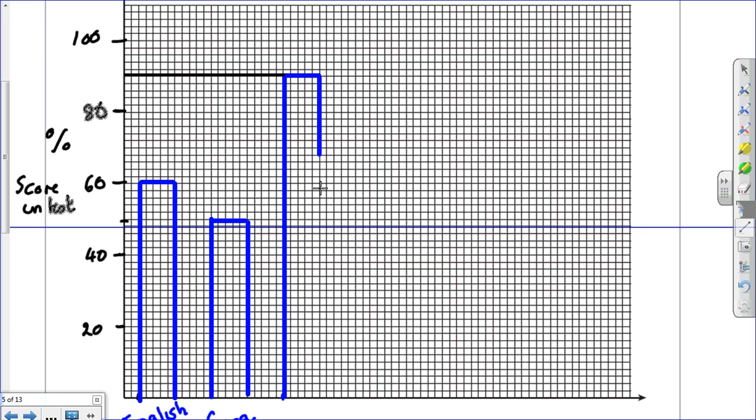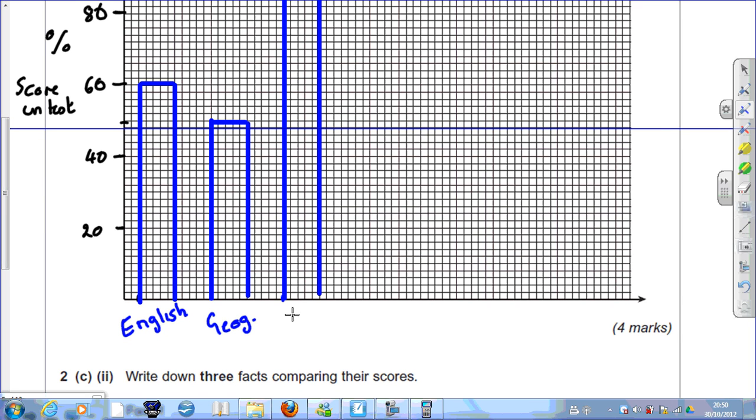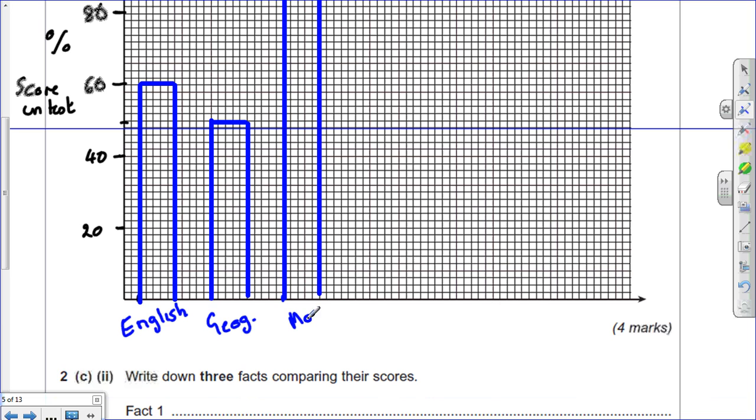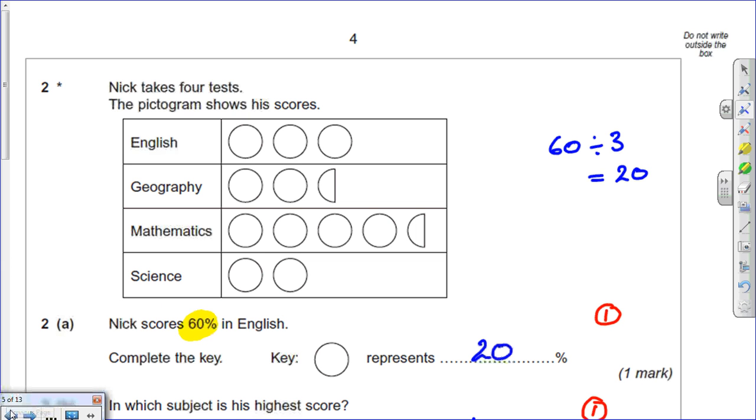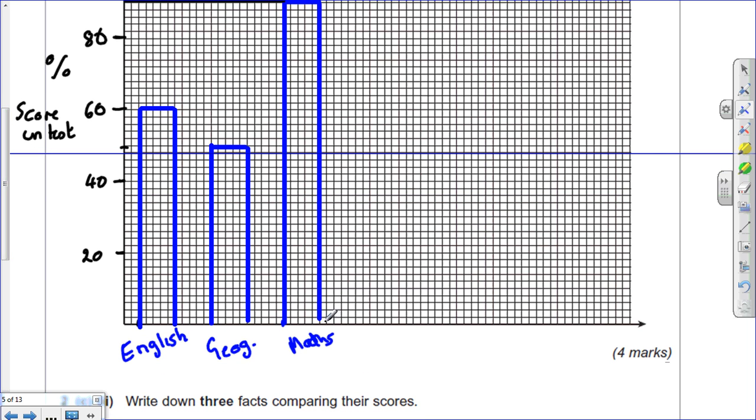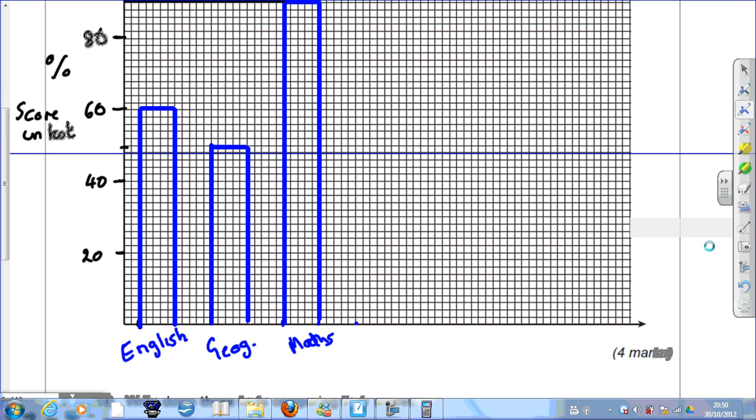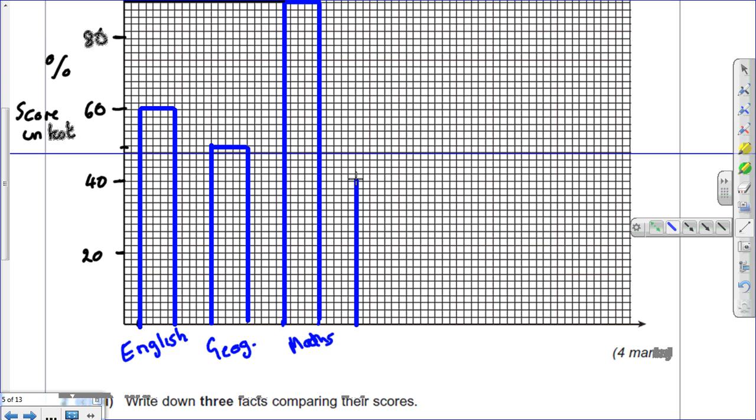And the final one was science. He only got 40% in that. So we'll leave a gap of 5, and now we'll draw a final bar going up to 40. Five across. And there we go. And label it science.